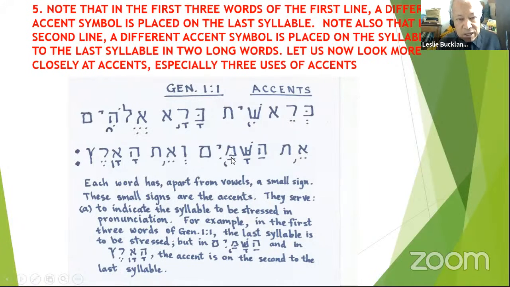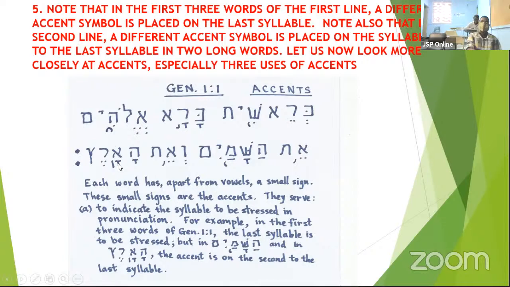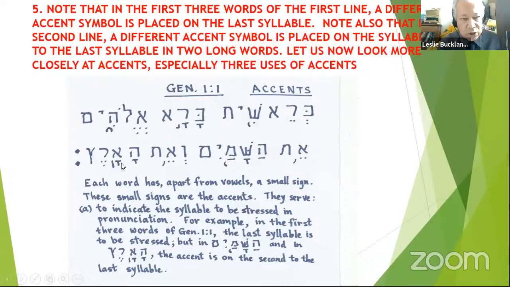Ma is the syllable immediately before the last syllable, im. And a has an accent mark here, and it is on the syllable that is immediately before the last syllable. So in these 2 long words, you have accent marks on the syllable before the last syllable.